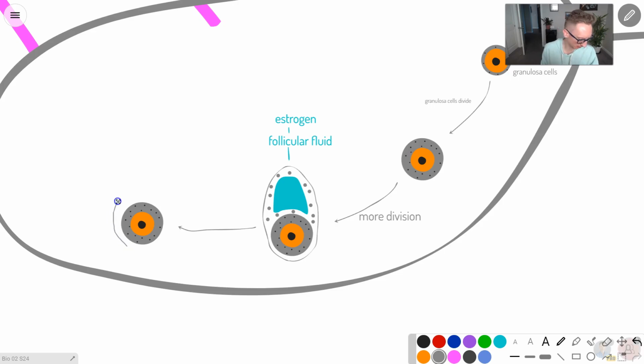This is where the first round of meiosis occurs. I don't necessarily care that you know that though. So we get it even bigger, a cavity for this follicular fluid.